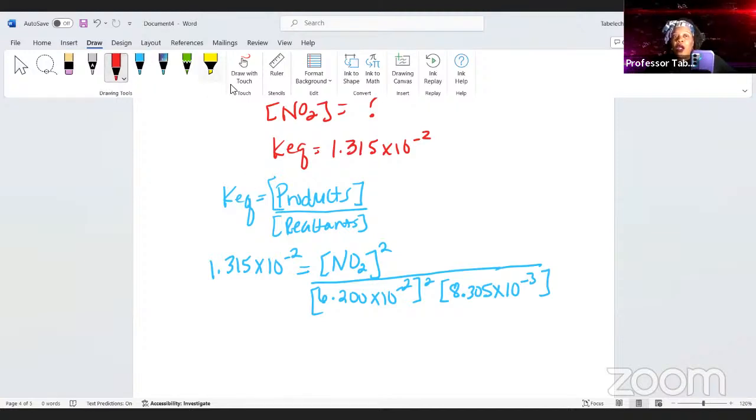Remember, we are going to take the bottom row right here, and we're going to multiply it times this value right here. We're going to multiply those two together.